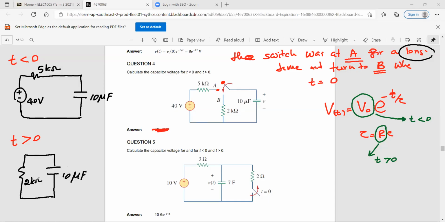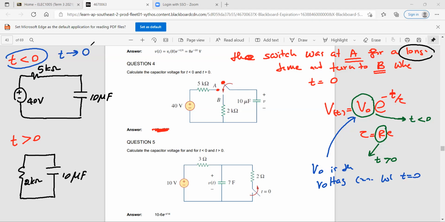Now, our aim is to find the V naught. So what is V naught, guys? V naught is the voltage across the capacitor when the time is equal to 0. We discussed this at the very beginning. So when the time goes to 0, your capacitor will be fully charged.